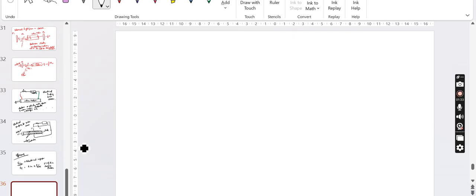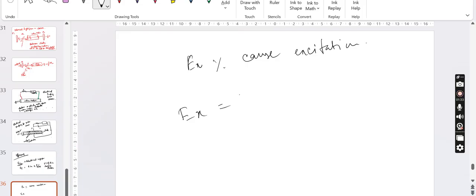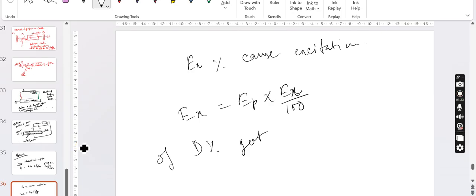Then of this EP, EX percent causes excitation. Then EX would be EP into EX by 100. Of this, T percent of the excitation energy is lost.